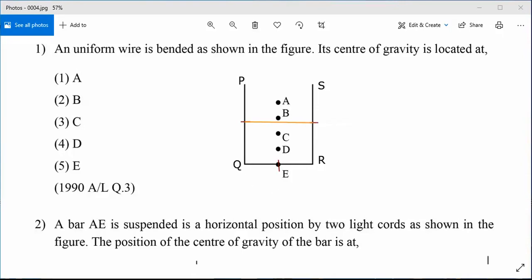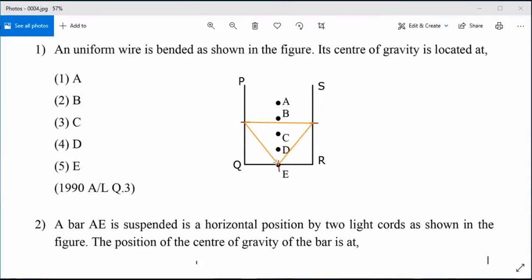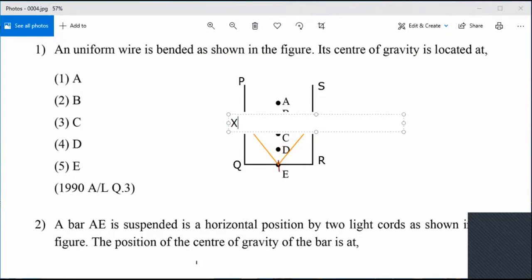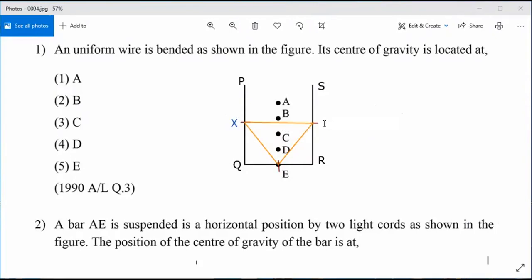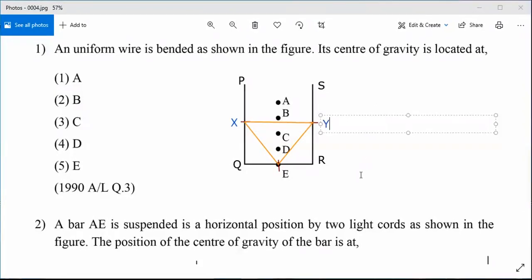Then we should join, like this, right? Now the center of gravity should be inside this triangle. This is another method. There are several methods to find center of gravity. If we are not able to use these methods, then we have to go for a calculation. But in the examination, we should avoid calculations. We should try our maximum to get the answer without doing calculations.